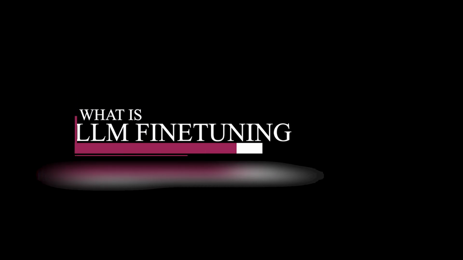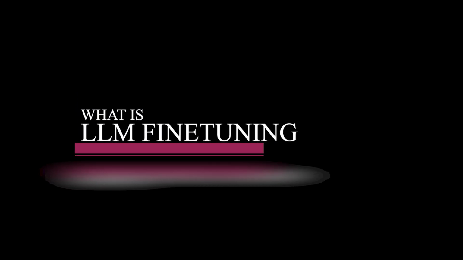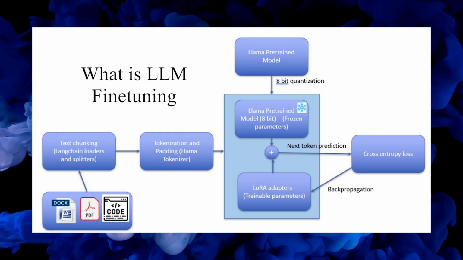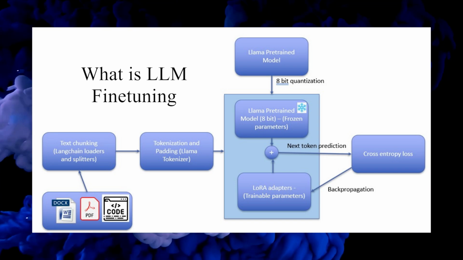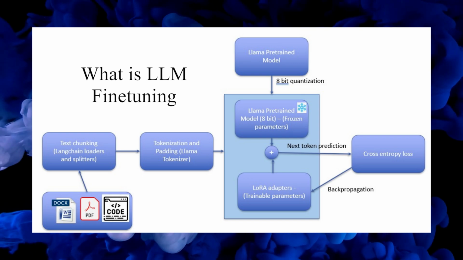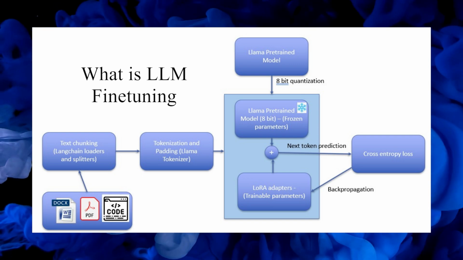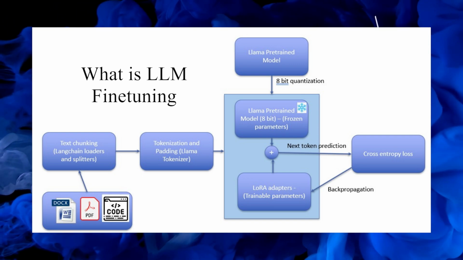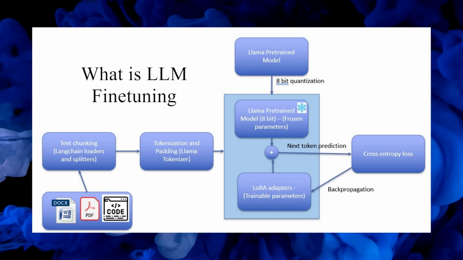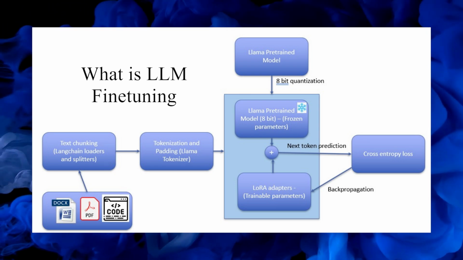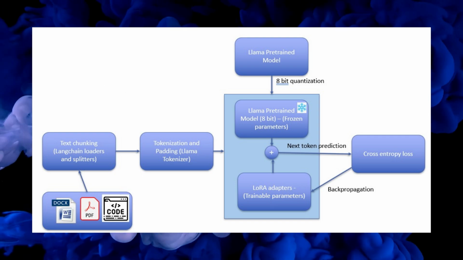What is LLM fine-tuning? LLM fine-tuning is a process of adapting a pre-trained language model to perform specific tasks with higher precision. While LLMs like GPT are initially trained on vast datasets and excel at understanding and generating human-like text, they often lack specificity for specialized applications.